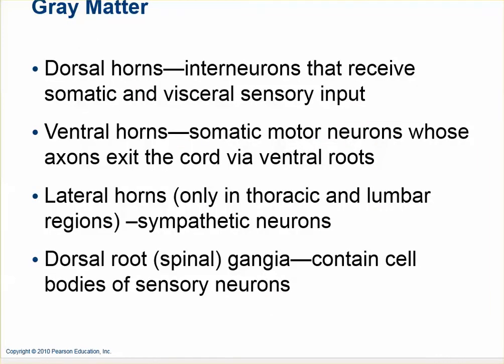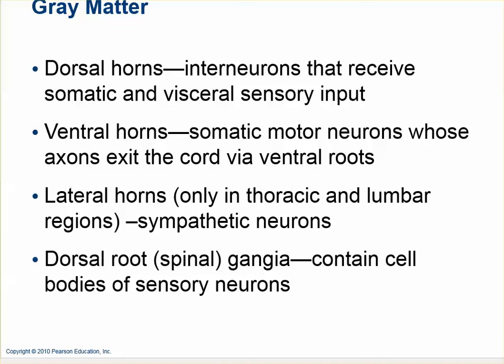So what happens in the gray matter is this is where processing happens. This is interneurons. This is where connections happen that make the reflexes. So the dorsal horn has the area that receives the sensory input from both somatic and visceral areas.